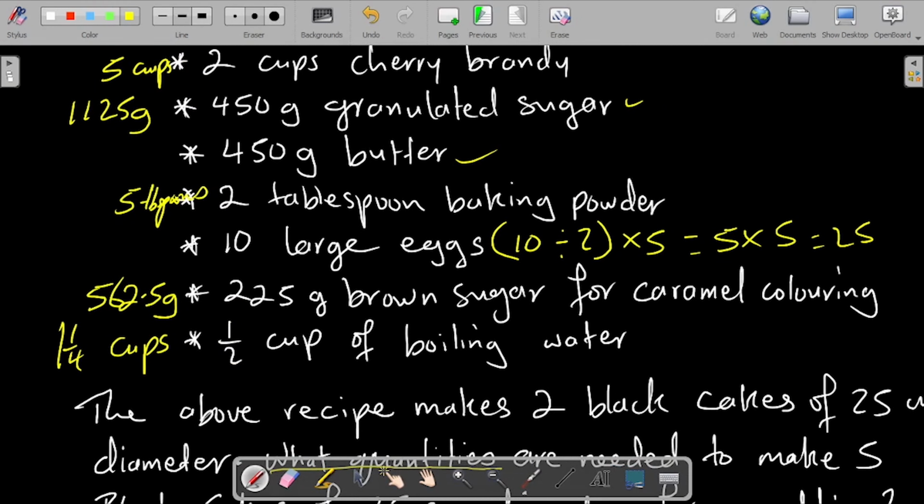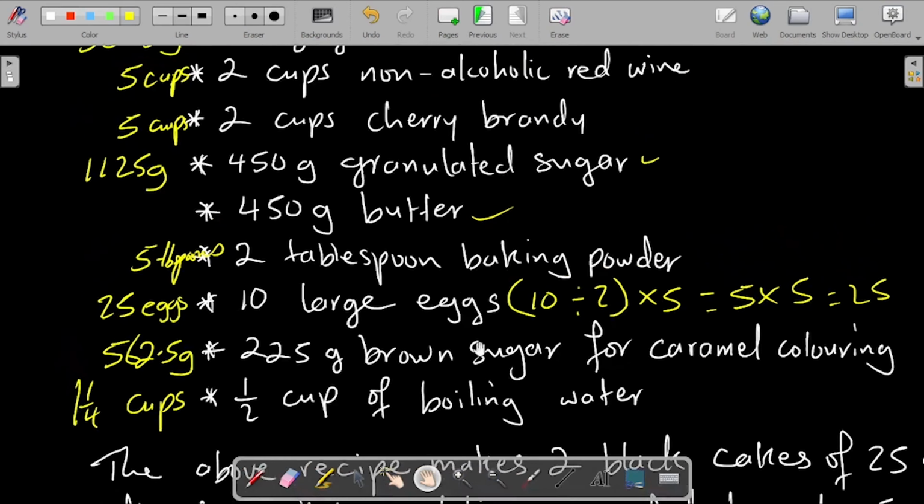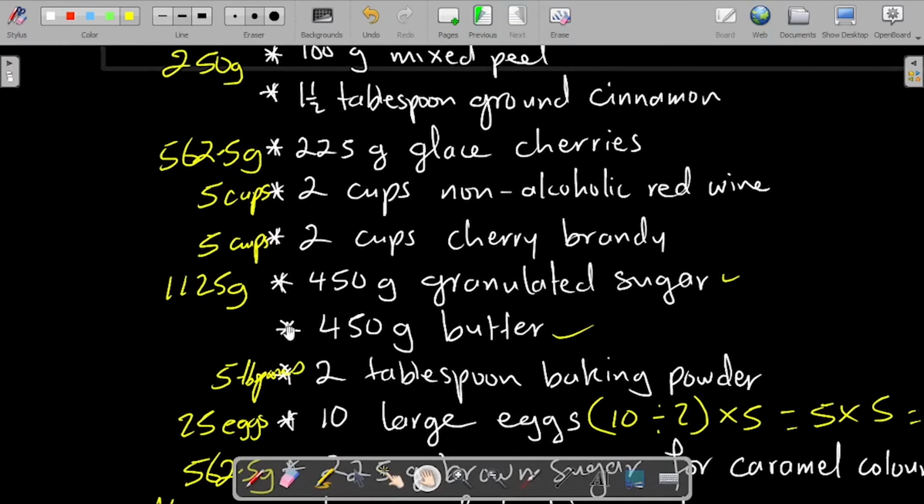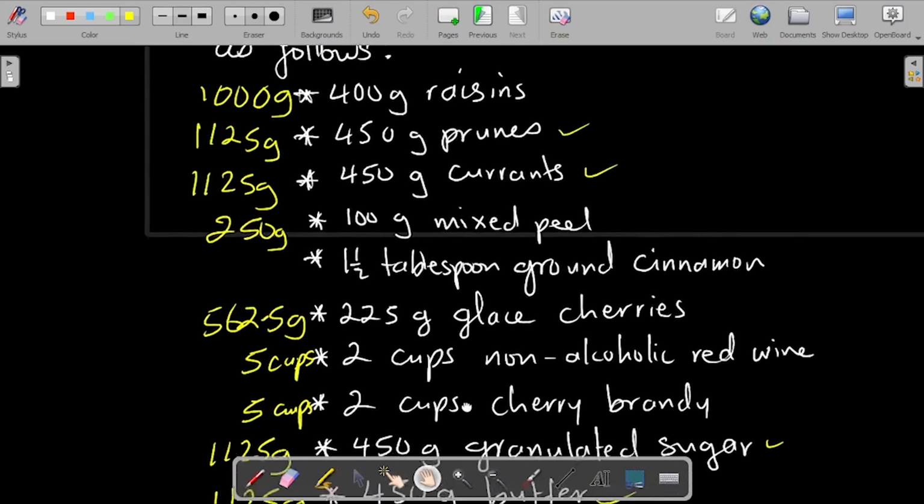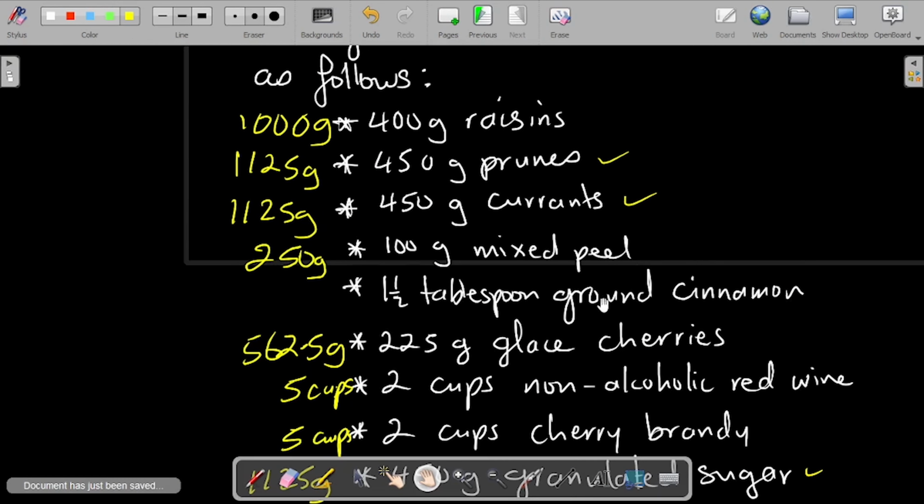So that's 25 large eggs that would be needed. Then, well, the 450 gram butter would be the same 1125 grams, right? So 1125 grams.